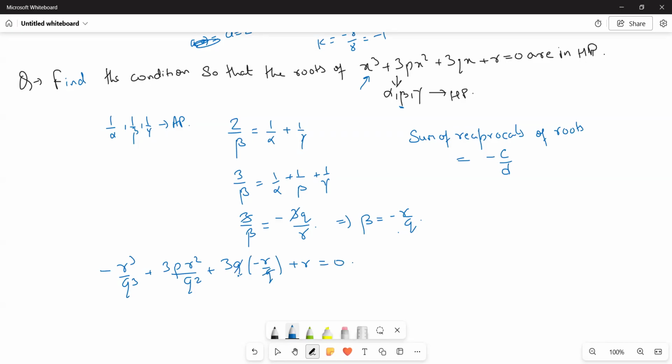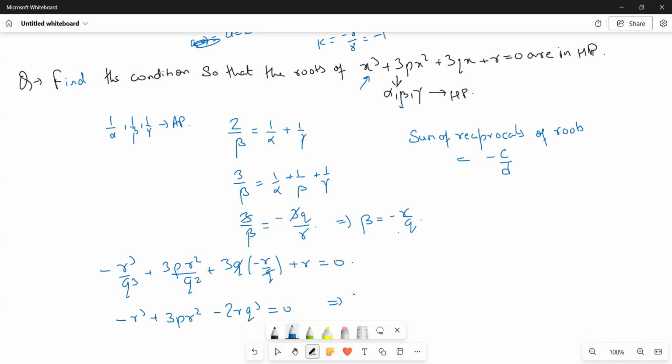तो यहाँ पे q cube cancel हो जाएगा. We'll have a minus r cube plus 3p r square and ये कितना हो गया, minus 3r plus r, minus 2r. So minus 2r cube is equal to 0.